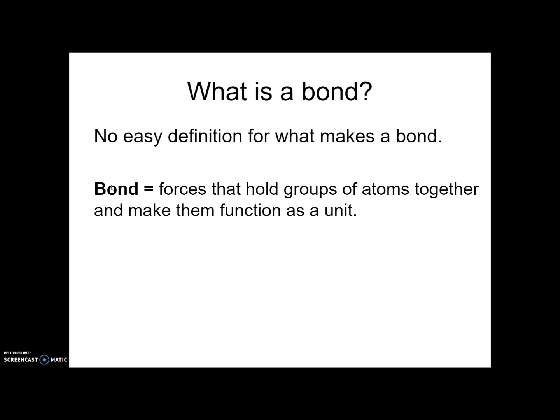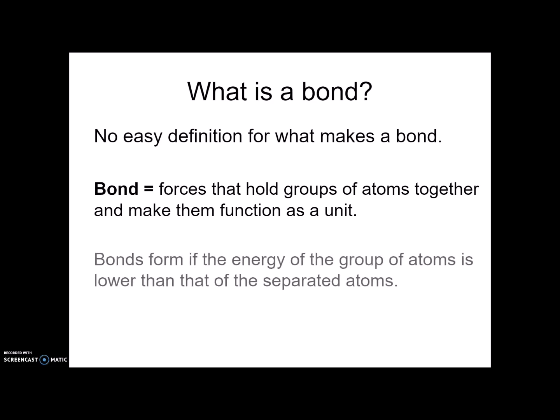But even that definition isn't a super good one, and that's all we can come up with so far. So if any of you end up as chemists in the future, maybe you can work on this definition for the benefit of all.